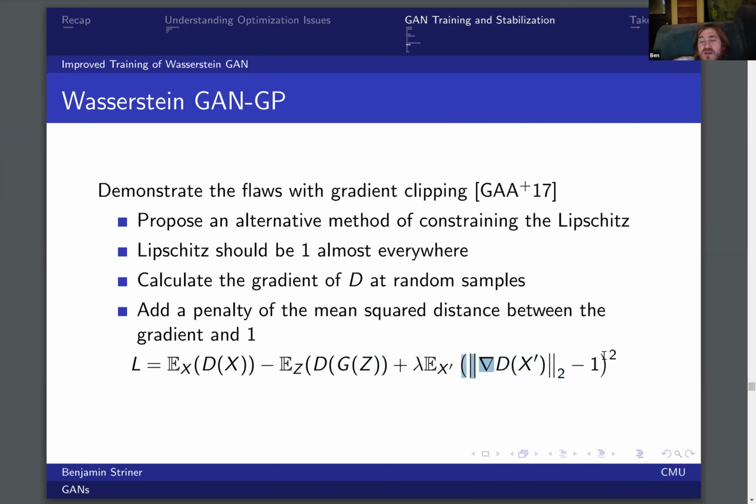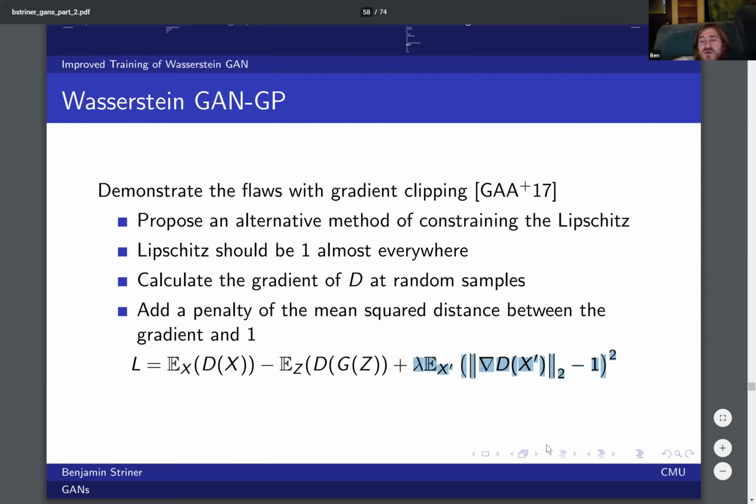You should look at these two terms as just like an L2 loss, meaning if the gradient of D(x) squared is different than 1, then this term will increase, and this term would be equal to 0 if the gradient of the discriminator is 1 at all points.